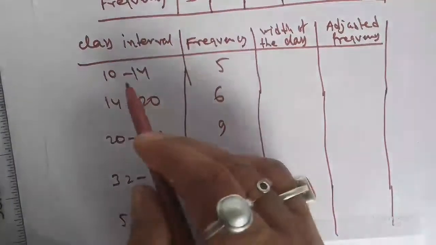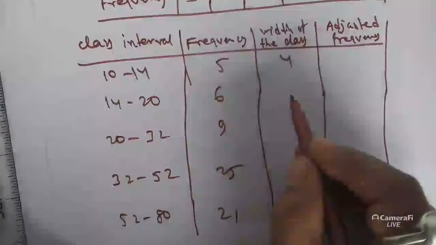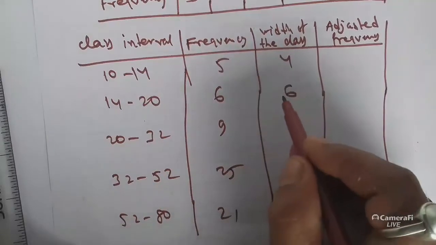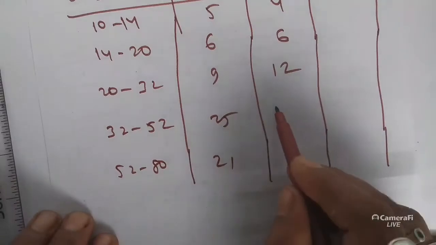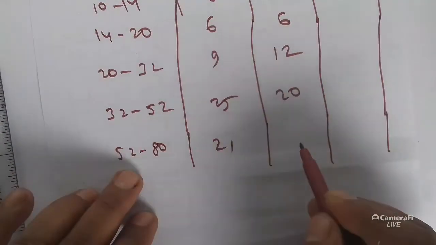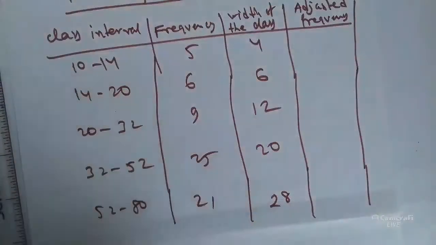And the width of the class: here the width of the class is 4, then 6, here 12, here 20, and here 28. These are the widths of the classes.